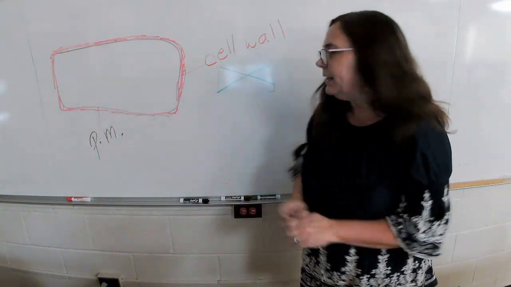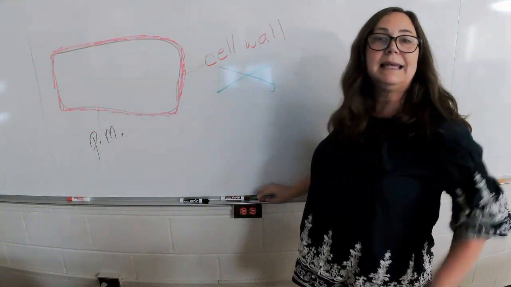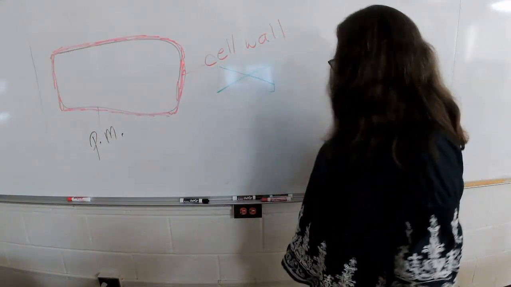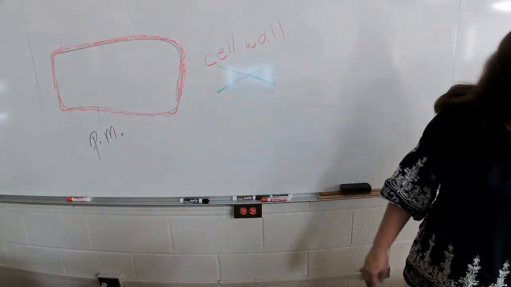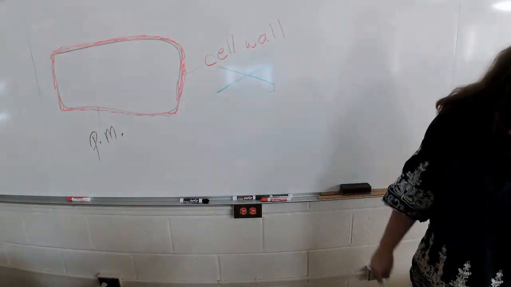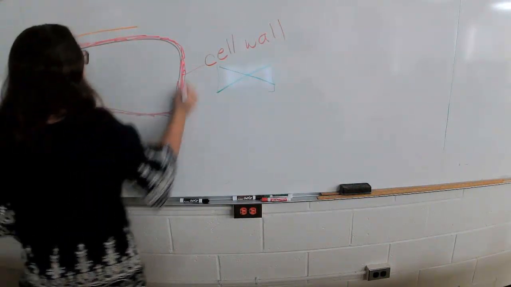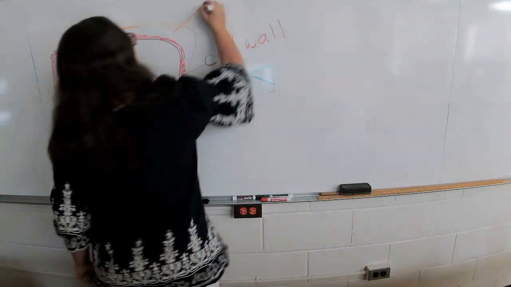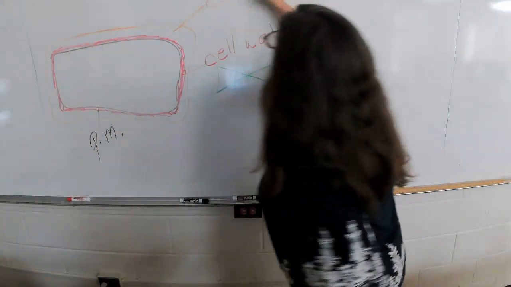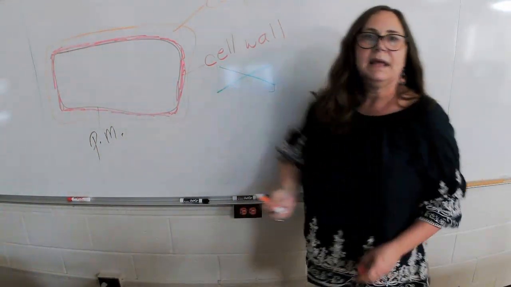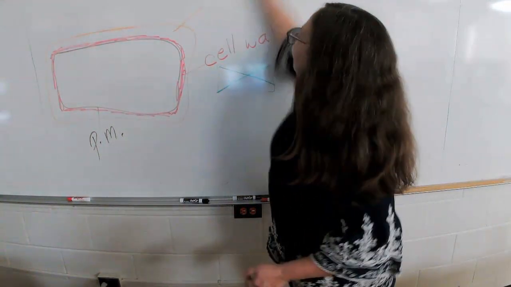And then prokaryotes have a capsule outside the cell wall. Make that orange. Now, oh, you can't see that. I'm sorry. Hold on.